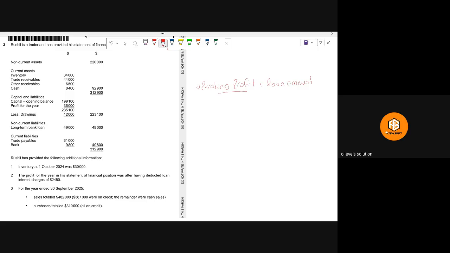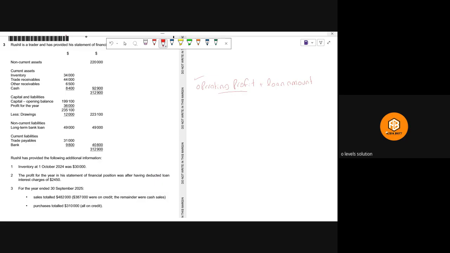In the company accounts, first of all we write the operating profit, the profit which we got by the operating activities of the business, and after that we deduct the dividends and the interest which we have to pay to the debentures or loans. Then we get the profit after interest and profit after tax.